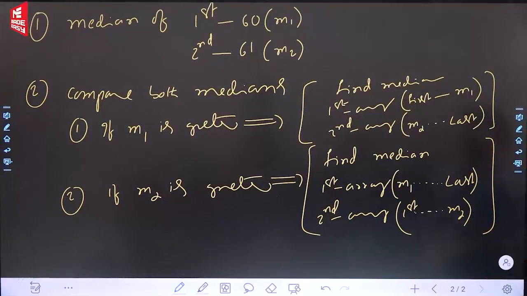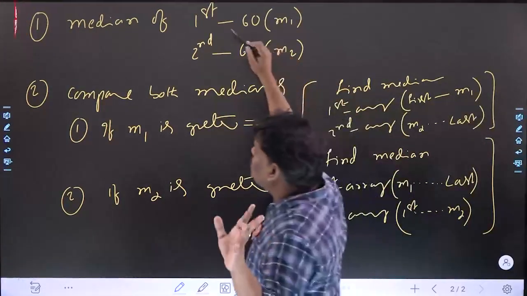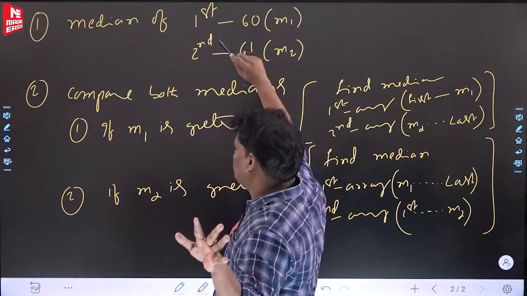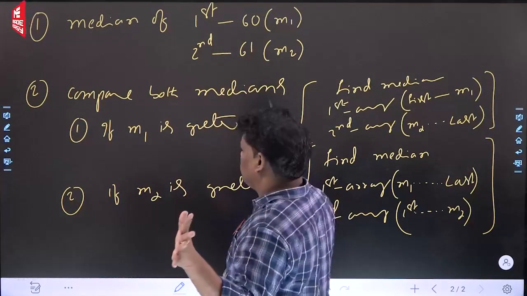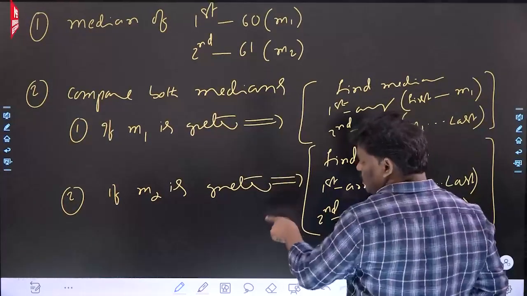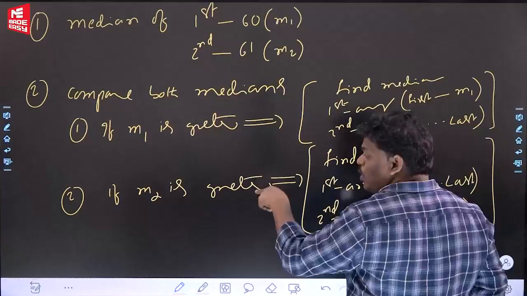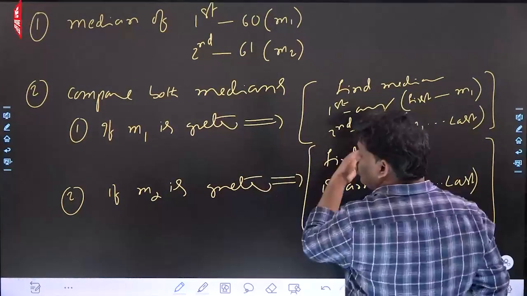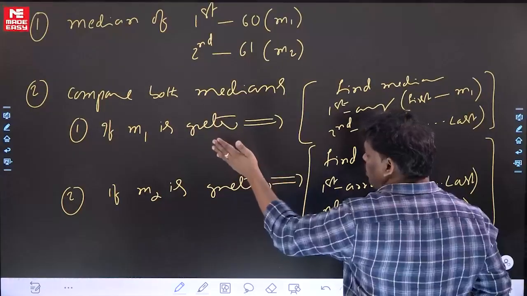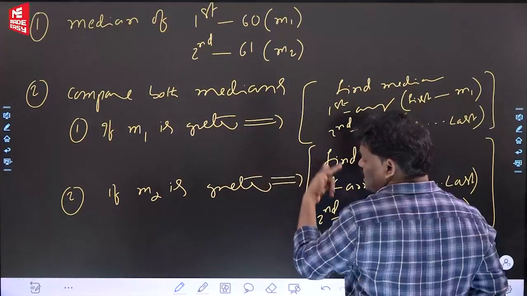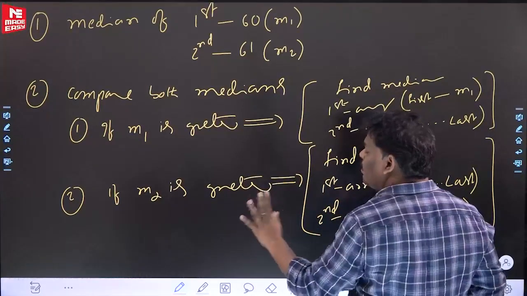The algorithm is very simple. Compare both the medians every time. First step, find both the medians. Compare both of them. If M2 is greater, meaning M1 is smaller, that indicates the median should be in the first array second half, or the second array first half.